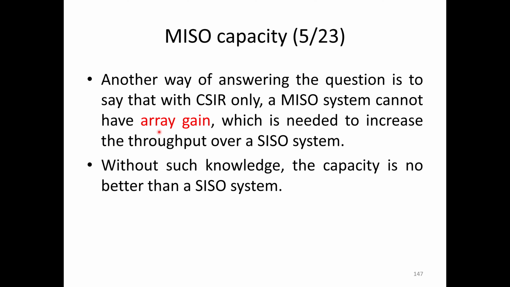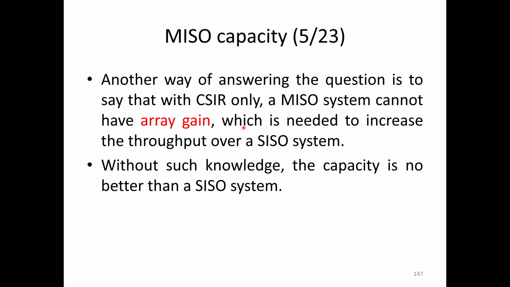Throughput is similar to the data rate, however it only accounts for correct reception. So throughput is related to the data rate, and the upper bound of the data rate is capacity. When you have the array gain, you can have a power gain on the received signal, and the capacity is equal to log 2 of 1 plus SNR.